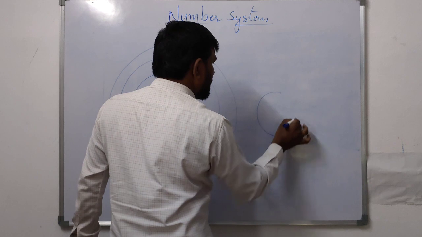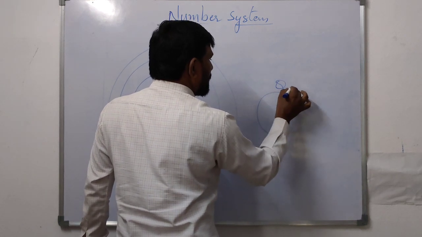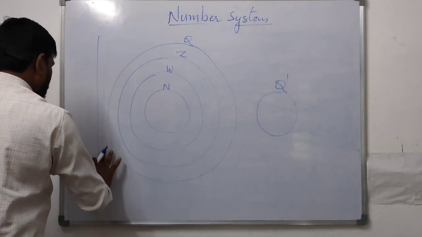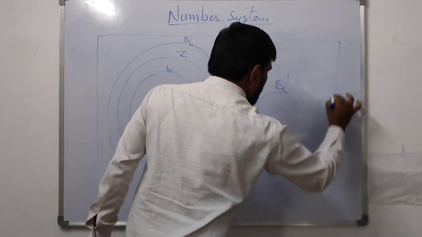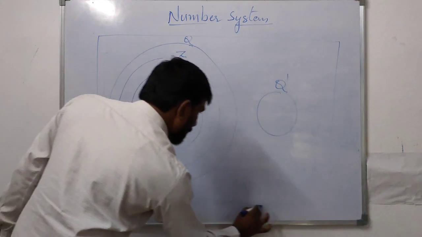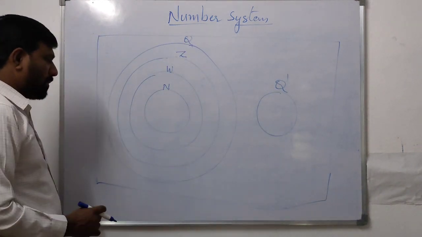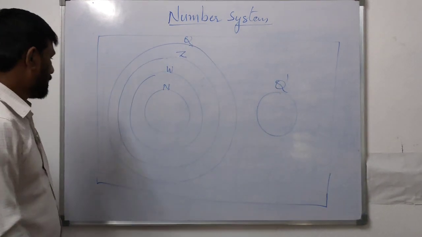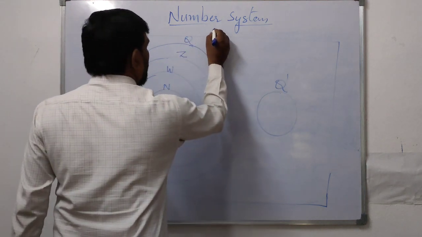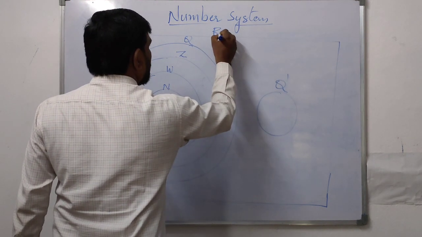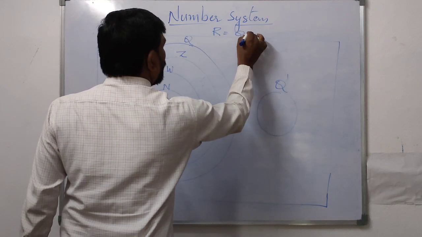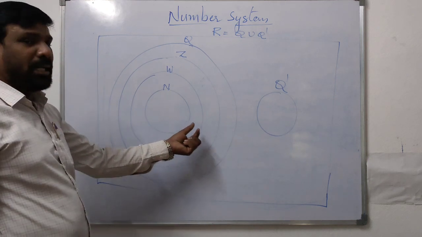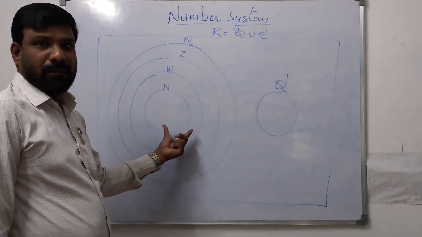And another set is Q dash, irrational numbers. The combination of rational and irrational numbers is nothing but real numbers. This is real number R. R is equal to Q union Q dash. So you can represent the sets in this way.